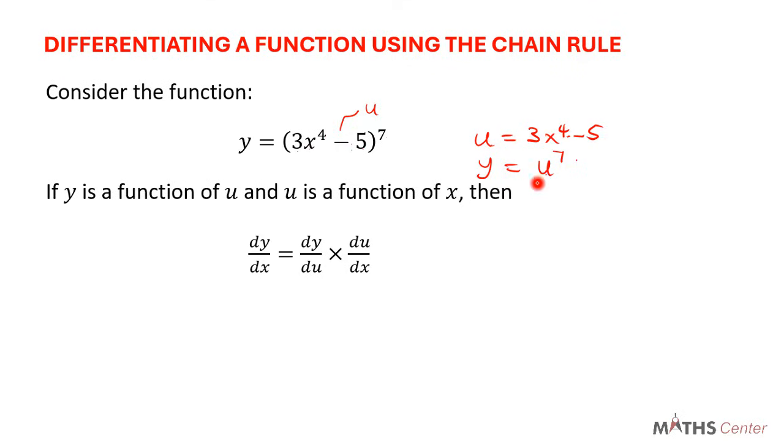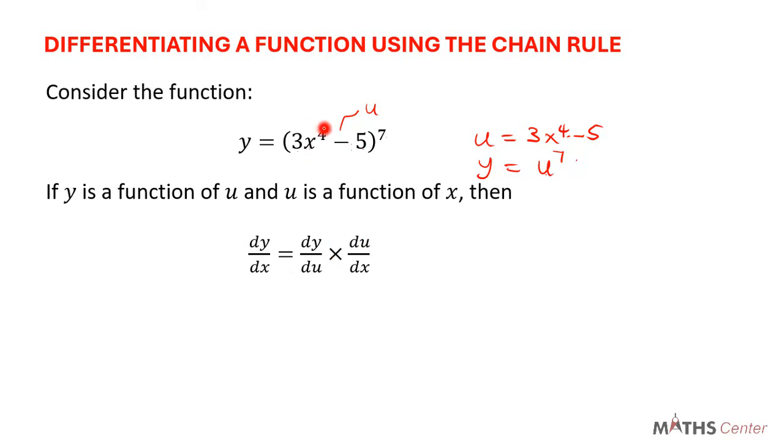So if you have a function like this, then you can use the chain rule to differentiate. The chain rule basically says that dy/dx is equal to dy/du times du/dx.